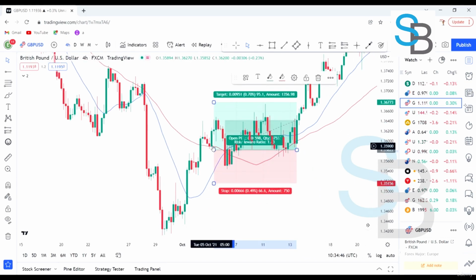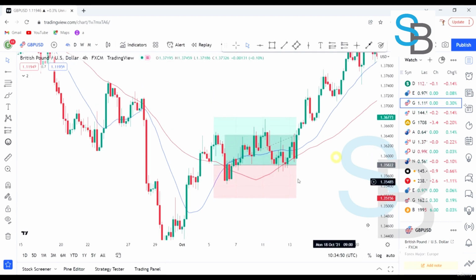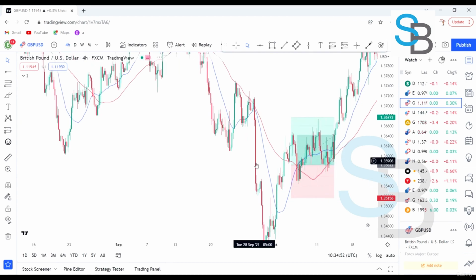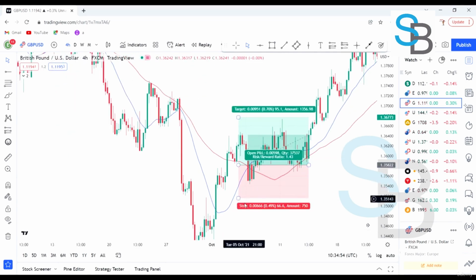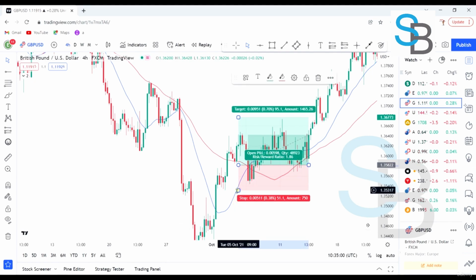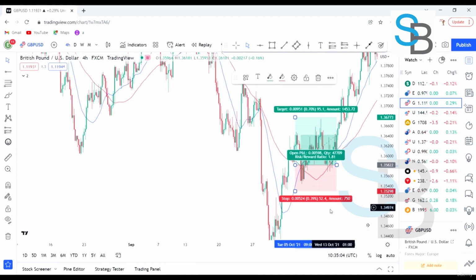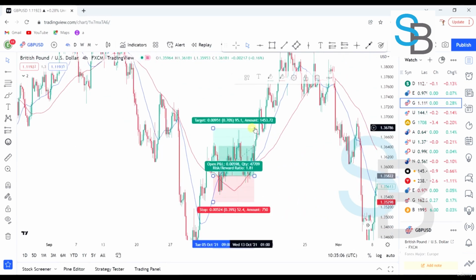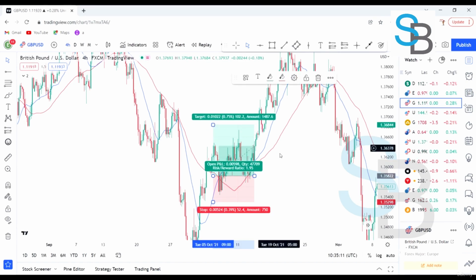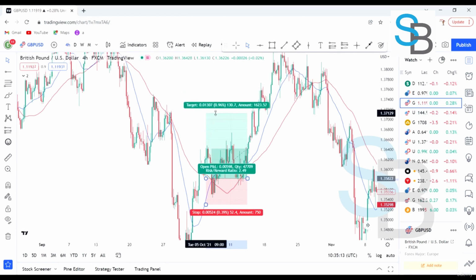So you can just enter a buy trade here based on this moving average cross strategy, and then you could have your stop loss at this point, below this level here. Then you could have your take profit at 2 times, 2.5 times, or even 3 times your stop loss.